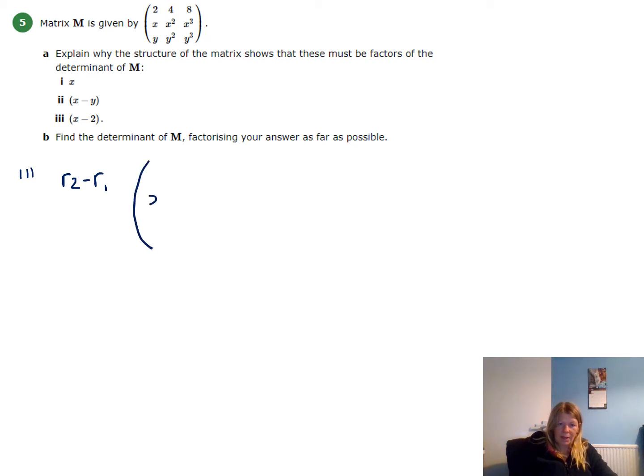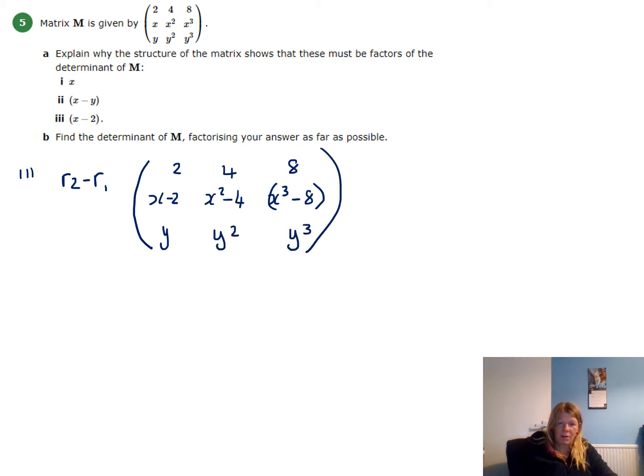So we'd have x take 2, x squared take 4, x cubed take 8. So on the top, 2, 4, 8, and y squared, y cubed.